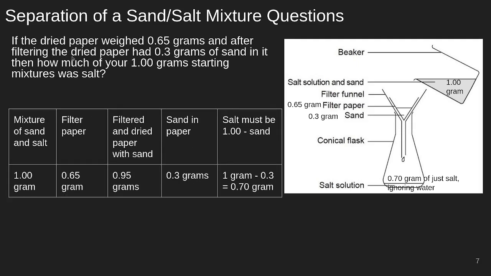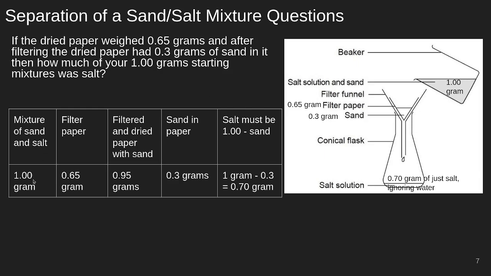Alright, moving on. If the dried paper weighed 0.65 grams, and after filtering the dried paper had 0.3 grams of sand in it, then how much of your 1 gram starting mixture was salt? So let's just go ahead and organize the numbers it's giving us.